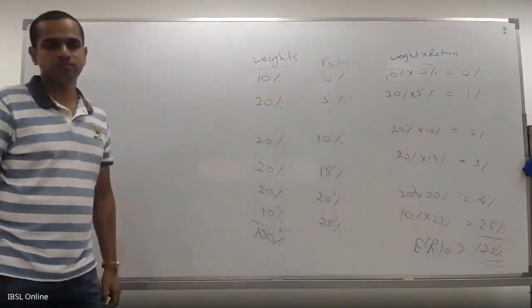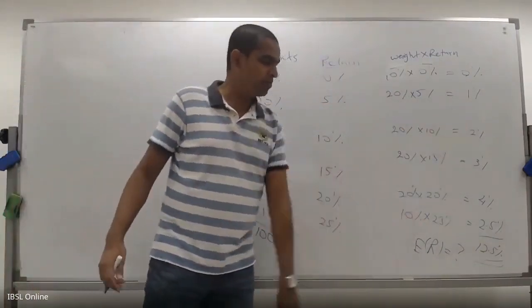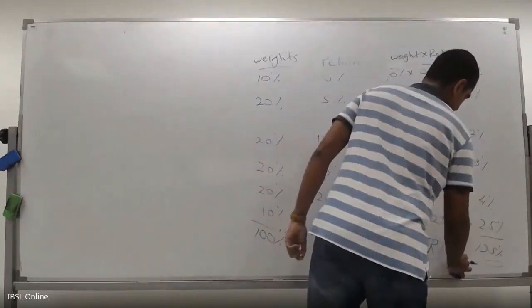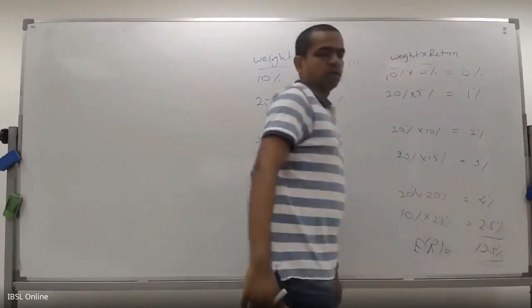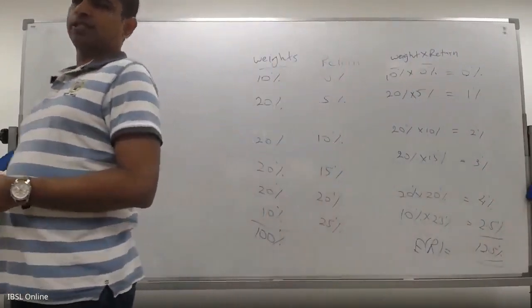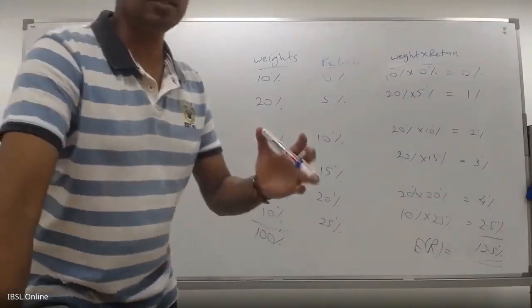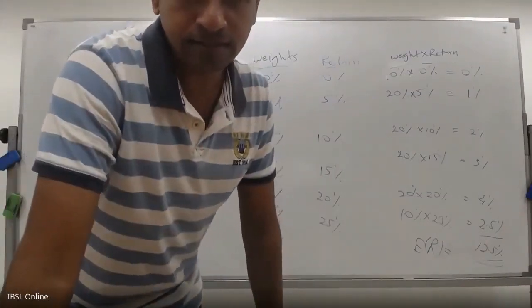Same calculation. And you end up with a 12.5% expected return based on these weights. Right. So that's how it works. You don't have to memorize anything else.